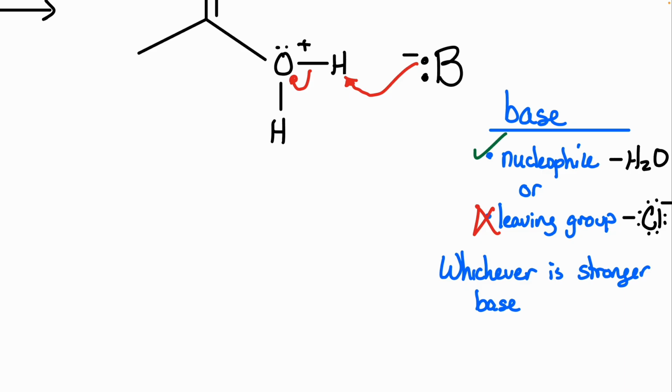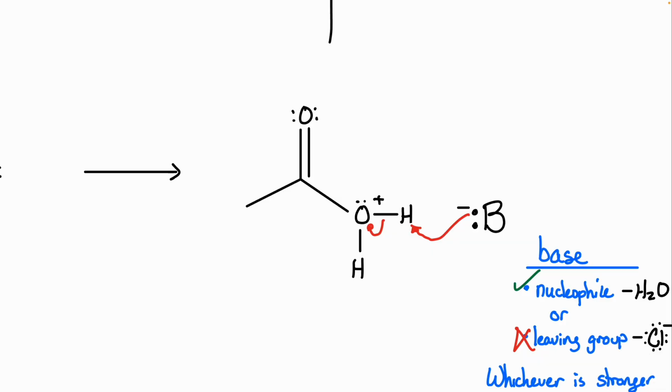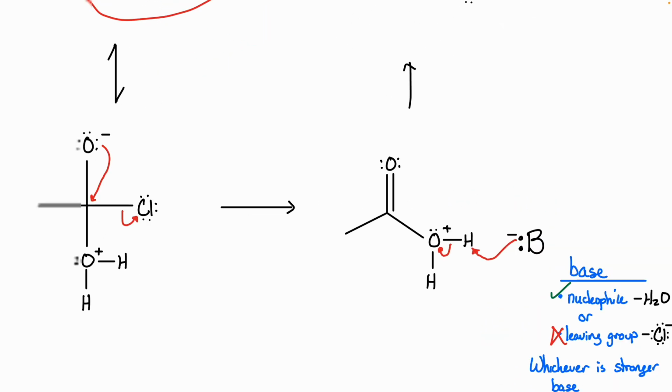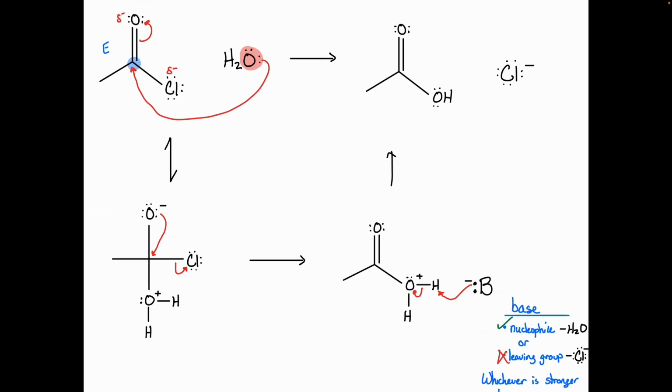Your water molecule is a little bit stronger. So if we're doing this particular reaction mechanism, we're going to be using as our base that nucleophile water. If it was any other carboxylic acid derivative, though, what we would find is that leaving group would be our stronger base, and that would play the role of our proton acceptor in that last step.